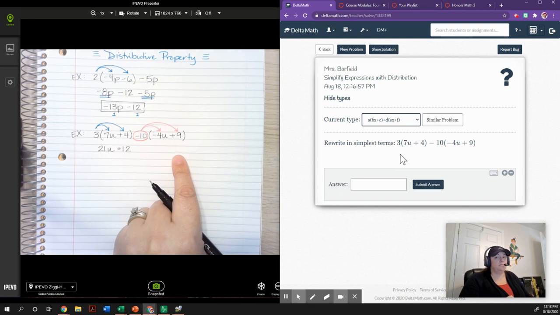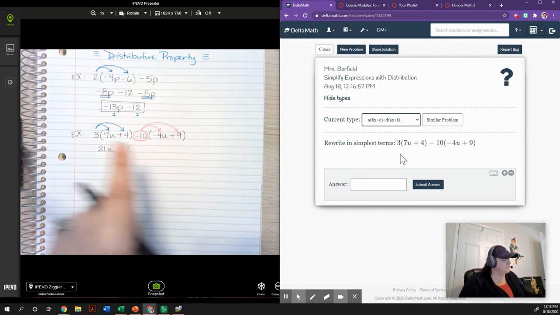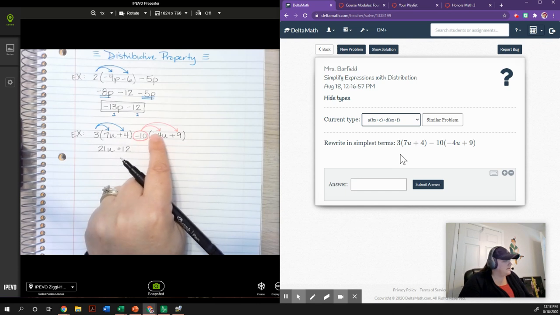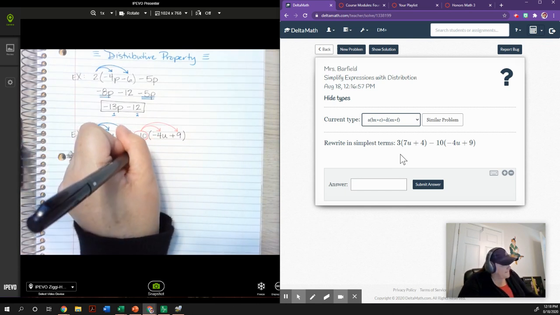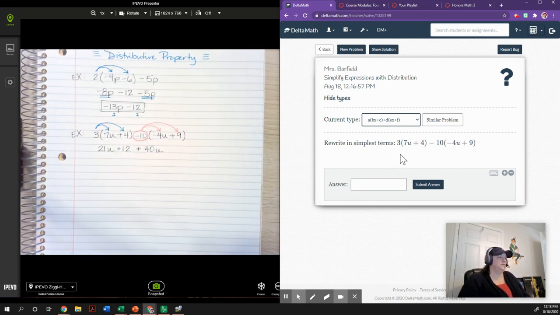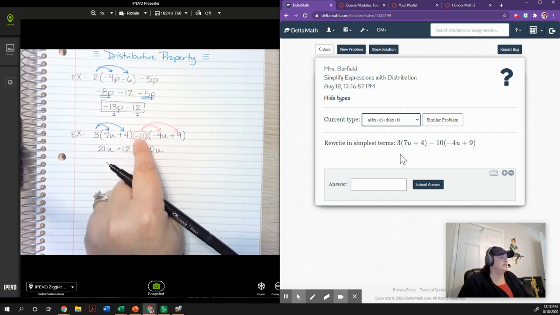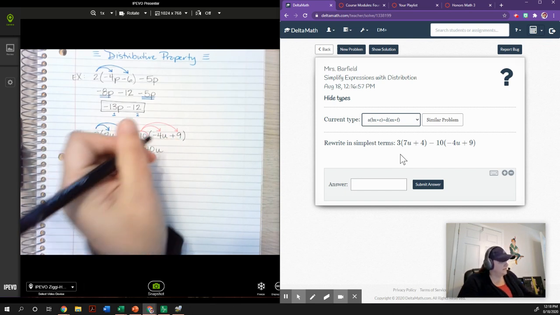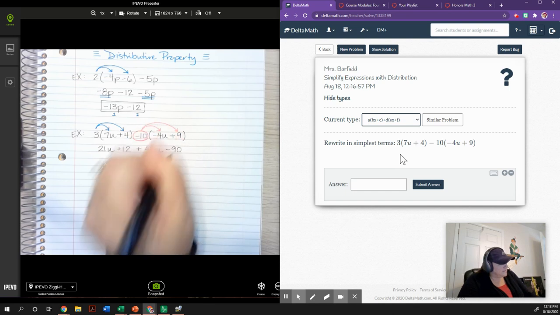I'm really focusing on making sure I have neat work, because it helps me when I have to start combining like terms. All right, so now negative 10 times negative 4, that's positive 40u. So that negative times a negative became a positive. And then negative 10 times 9 is negative 90.